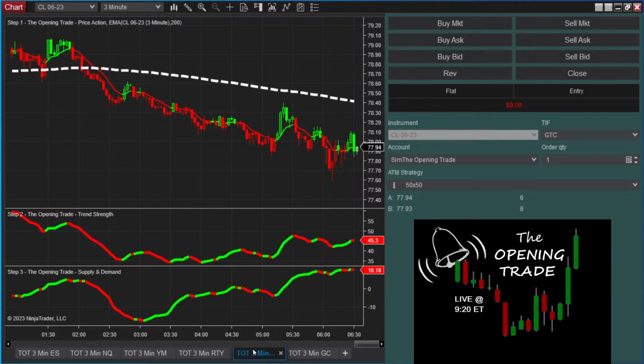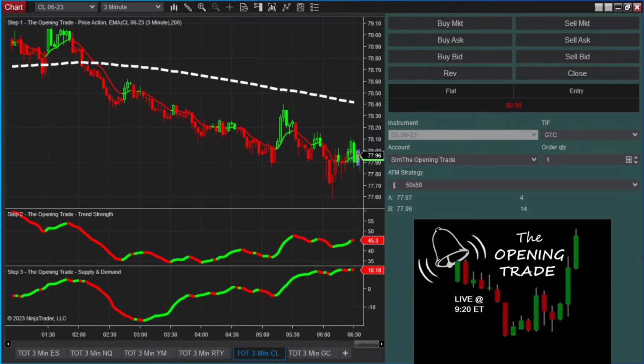Crude oil. The first thing, if I'm below the 200 period EMA, which the market is, I want to be seeing red candles, red step 2 and red step 3. So with the three-step manual trading, also I can flip through the charts quickly and see white line, is it all red?